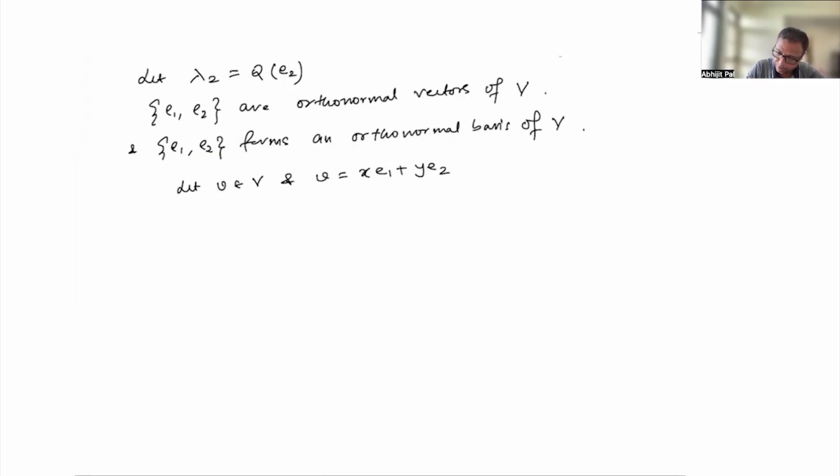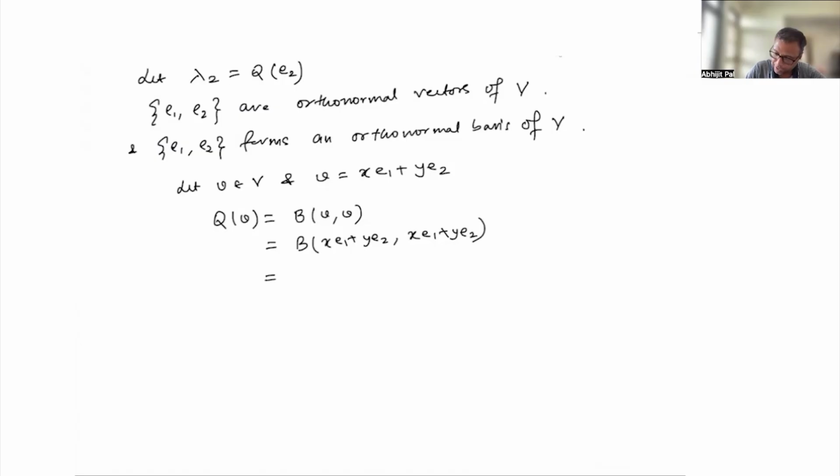So this QB is equal to b of B comma B, which is again equal to b of x e1 plus y e2 comma x e1 plus y e2. This b is linear in both coordinates.